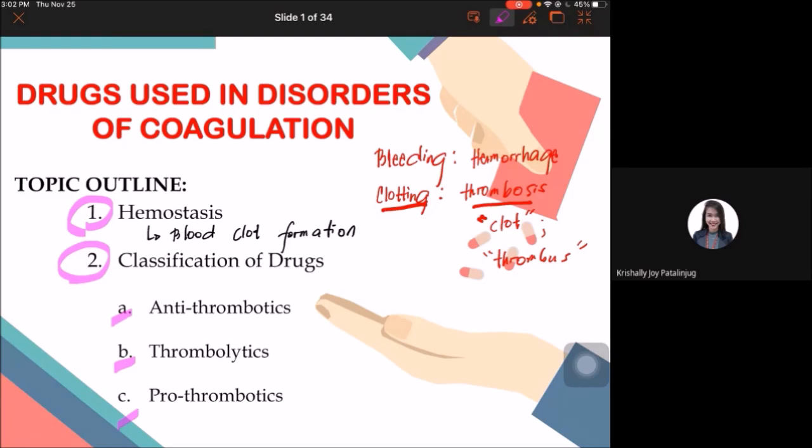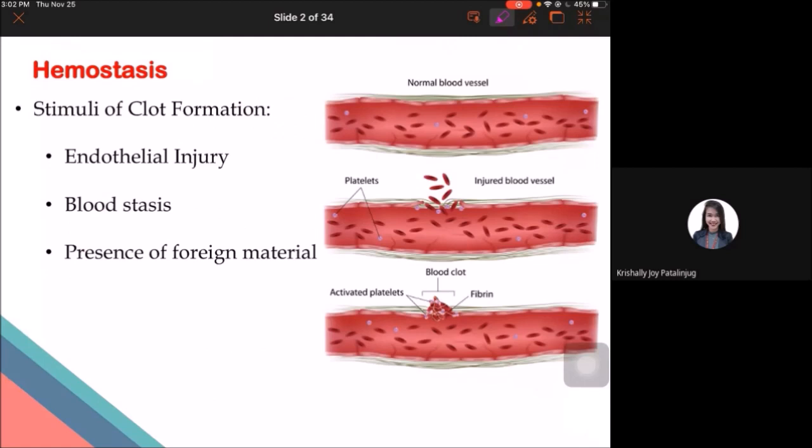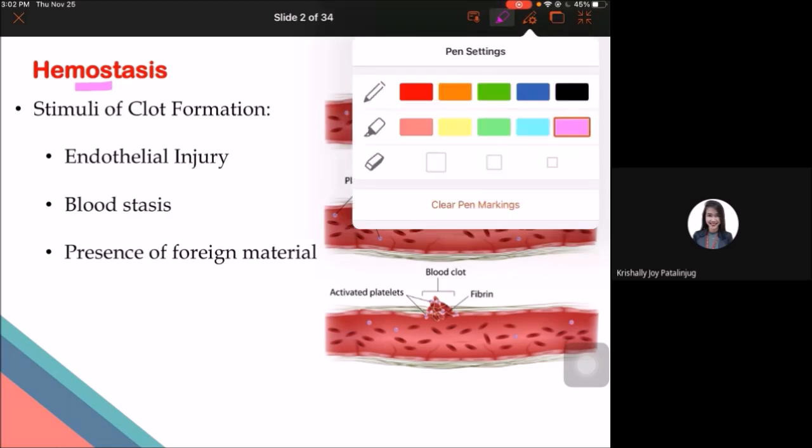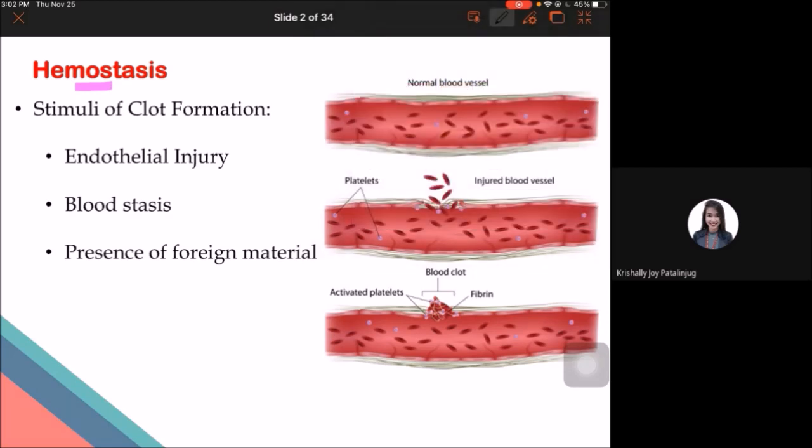So kumbaga, ito yung magiging flow or the outline of our discussion for this topic. First up again, we will discuss the process called hemostasis, which is the maintenance of blood clot formation, the normal mechanism ng body on blood clot formation.